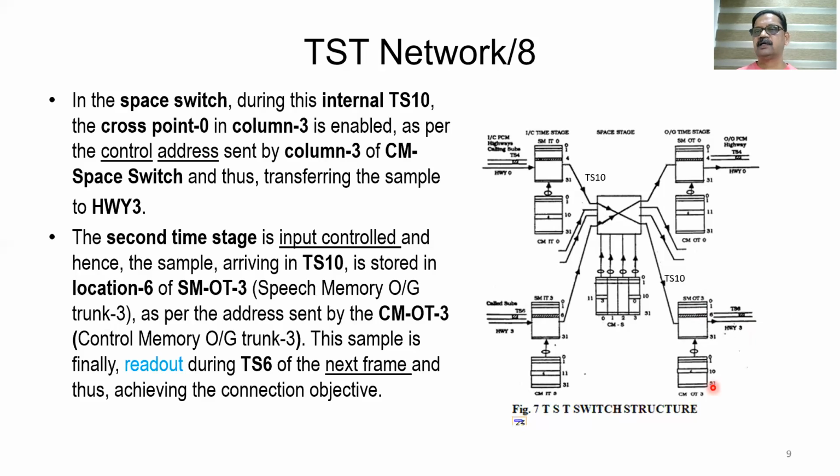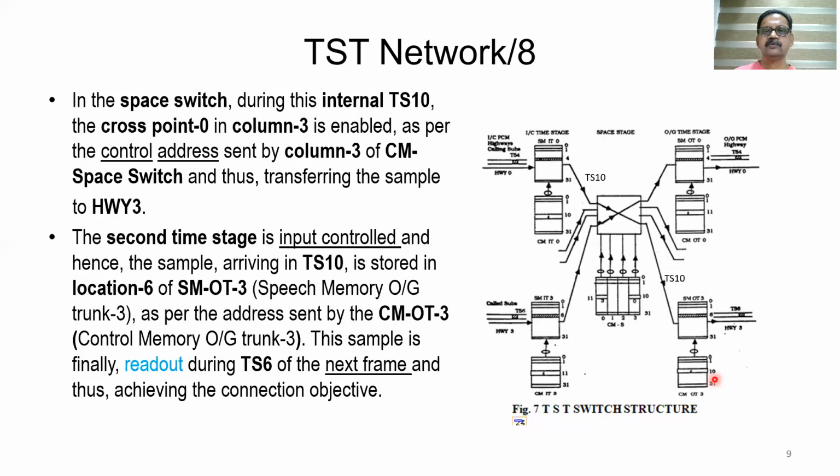Because time slot 10 has come, it has to wait from time slot 10 to time slot 31 in the existing frame, and in the next frame also it has to wait from TS0 to TS5, and next on TS6 only it can send in the second frame with reference to the first frame.